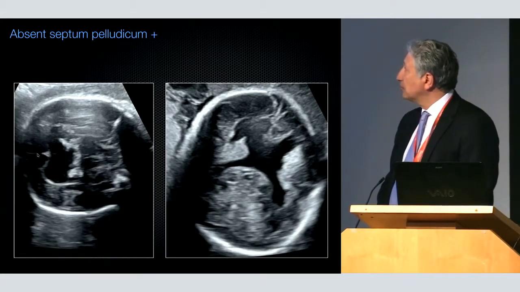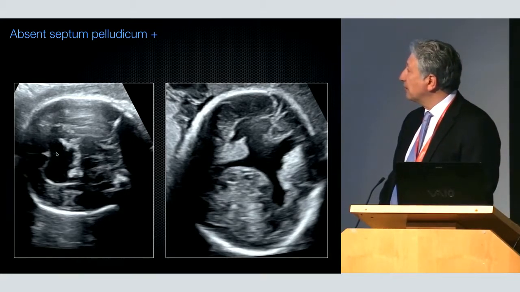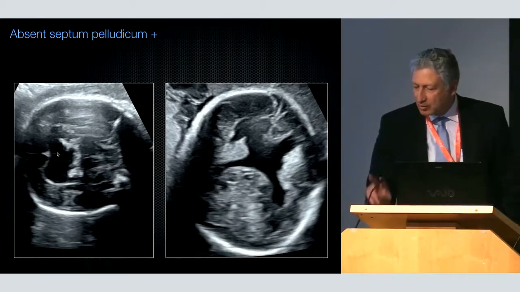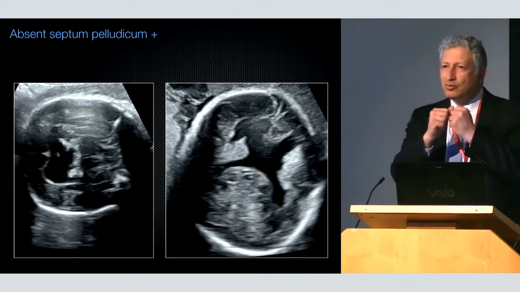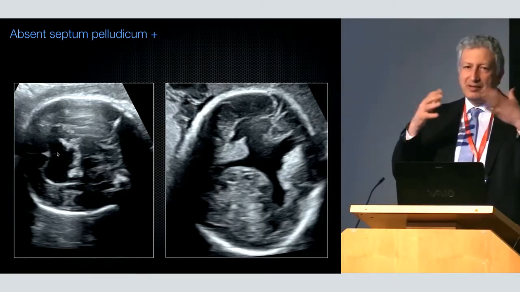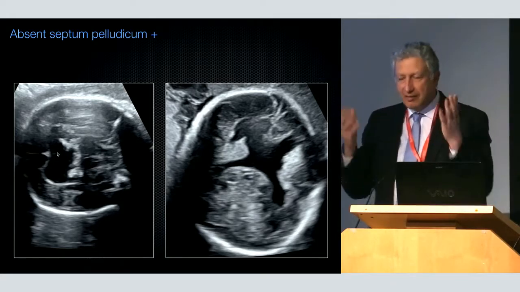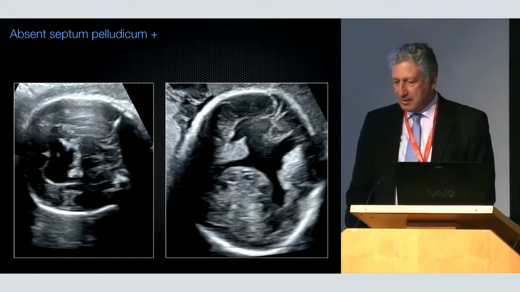Absent septum pellucidum, no holoprosencephaly here, but you don't know. And what I assumed, because I was looking also for the fornices, that due to the urgent ventriculomegaly, there is some vessel opening and there is an intraventricular bleeding in addition to the absent septum pellucidum.